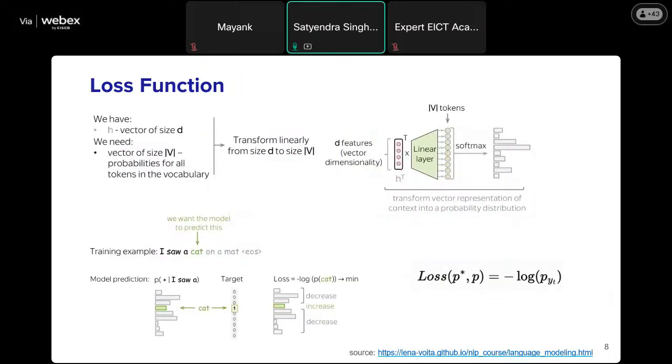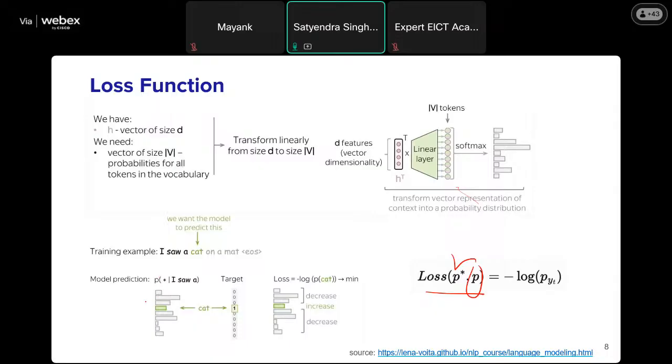And once you get the output, obviously there might be a chance that your model is giving something else, and the actual word in the sentence was something else. So then you define the loss, where the difference between the predicted word and the actual word is defined as the loss.